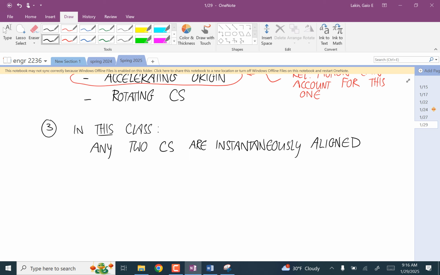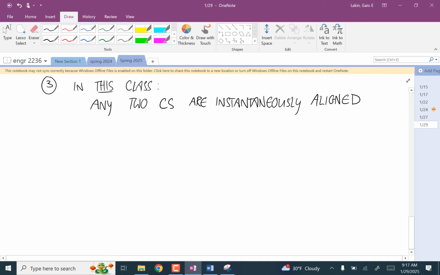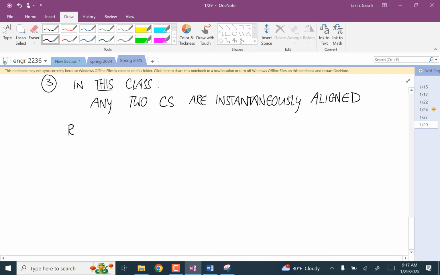Okay, so relative motion, in a way, is more a notation than anything else. Let's think about an object. So this is relative motion for positions.